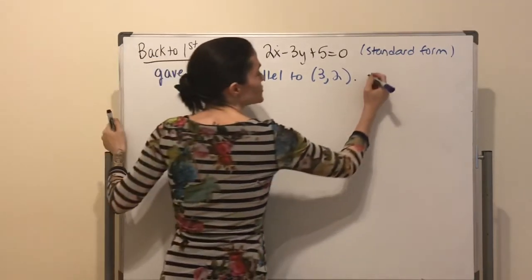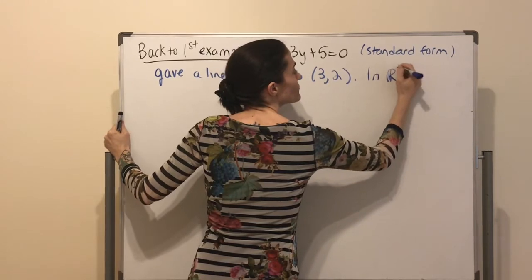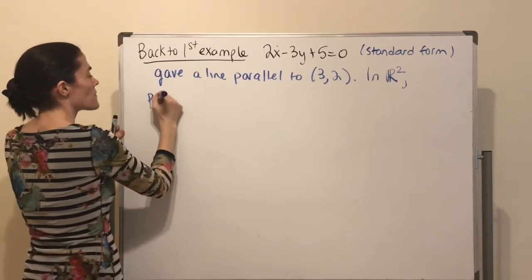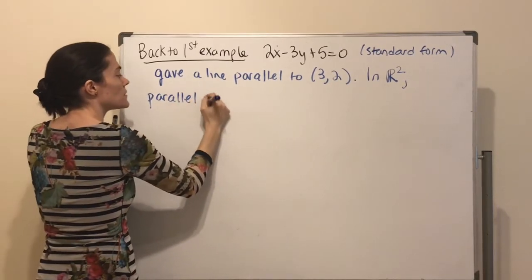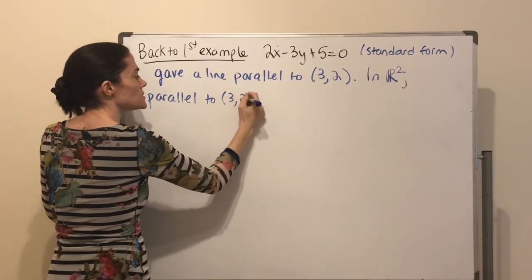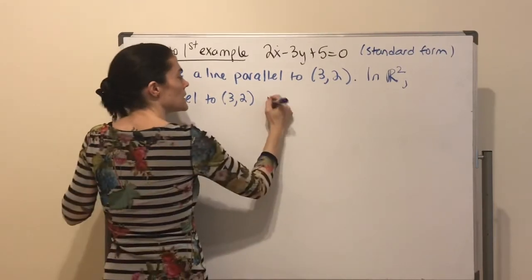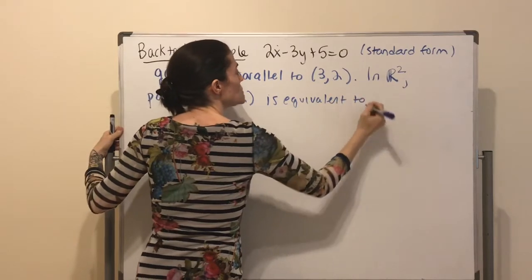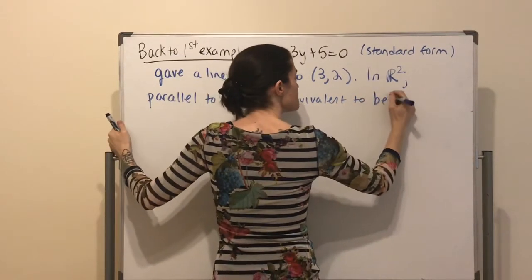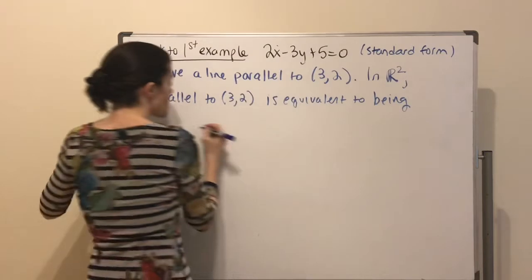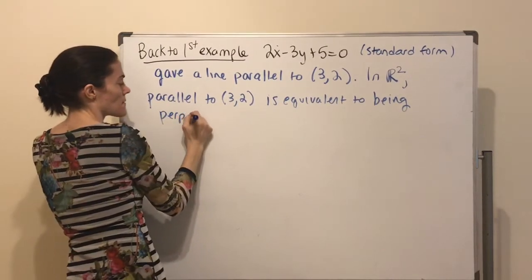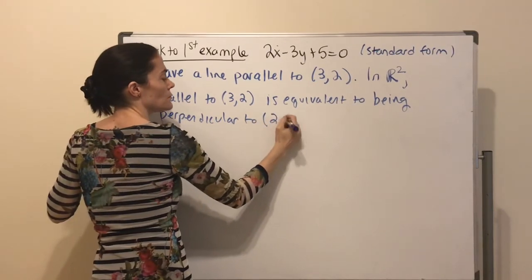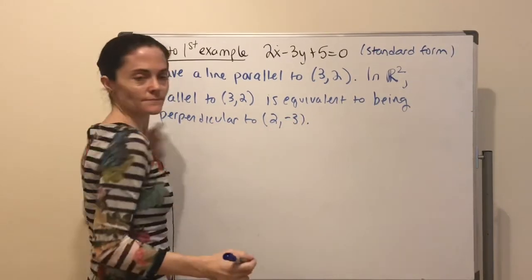This is in R2. And being parallel to this vector (3, 2) is equivalent to being perpendicular to (2, -3), right?